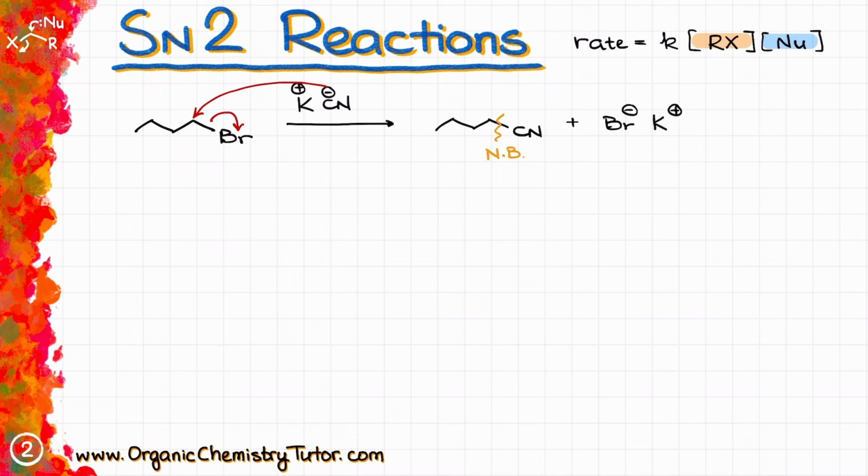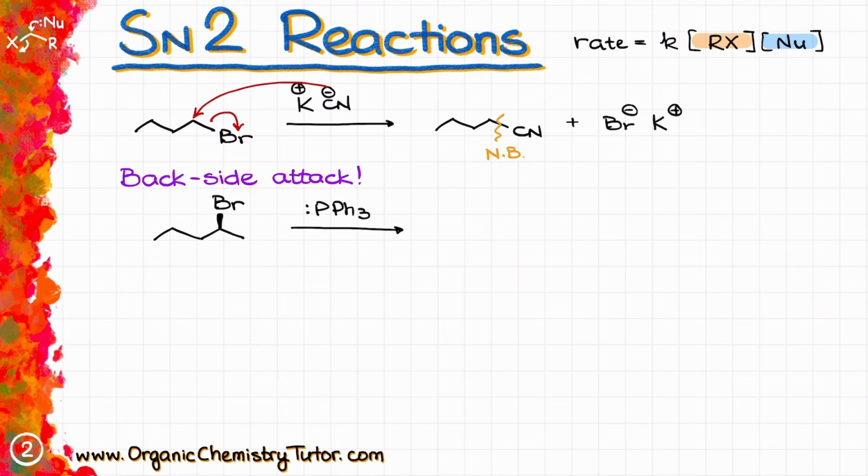SN2 reactions have several important features about them. First of all, there is a stereochemical requirement for the SN2 reaction, and the requirement is that these reactions always proceed via the backside attack, which means that if my leaving group is on a certain face of the molecule, like if let's say I come back to my 2-bromopentane, and in this case bromine is looking at me, the attack by my nucleophile, which in this case is going to be triphenylphosphine, will have to happen from the opposite side.